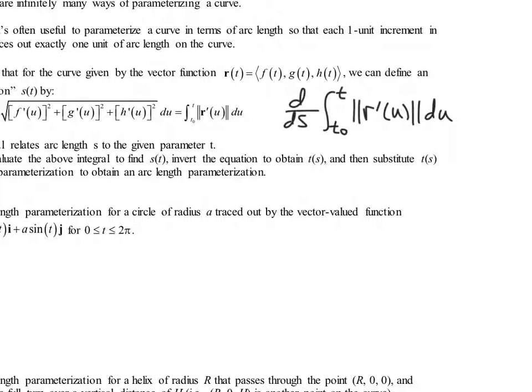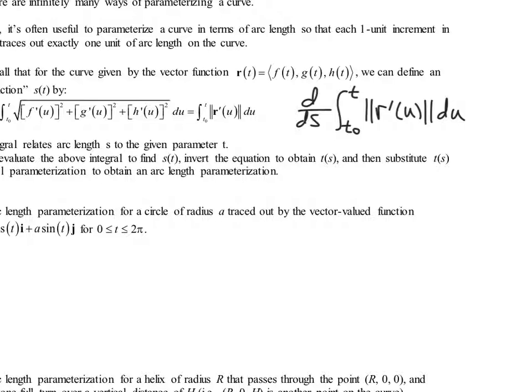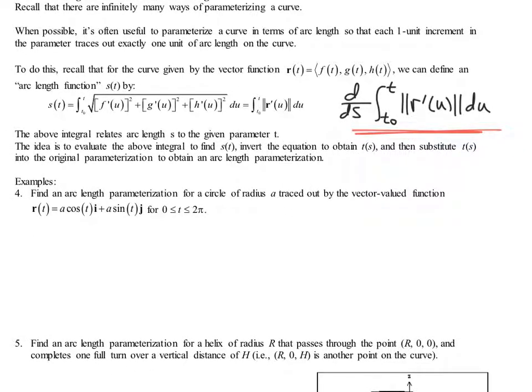So that's something that we're going to work towards understanding, but this is going to be the foundation of everything that follows. So we're going to play around with an example first, and then I'll come back to this rule. All right? So the integral relates arc length s to the given parameter t.